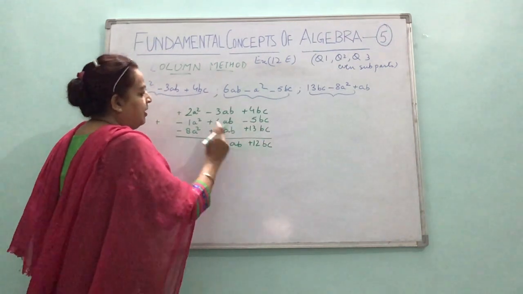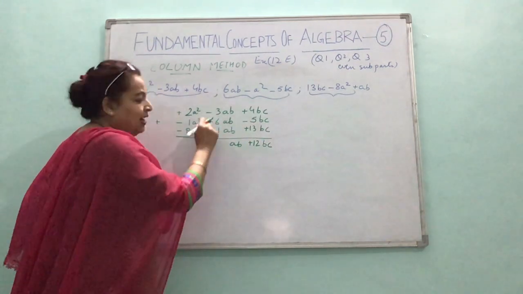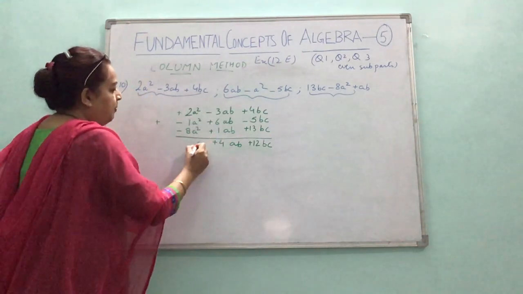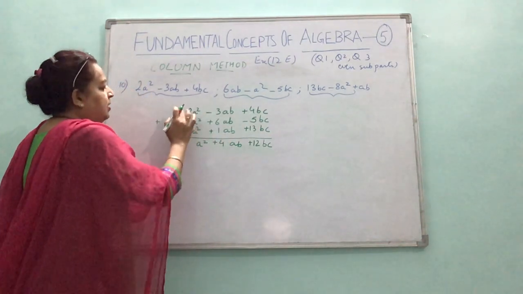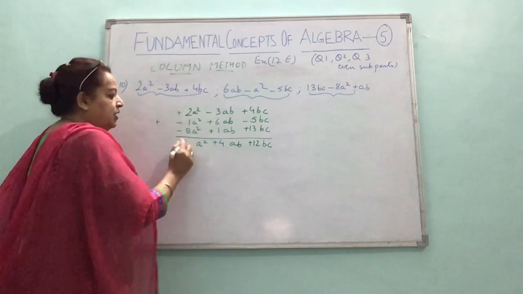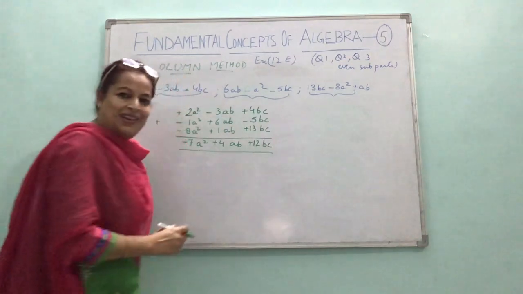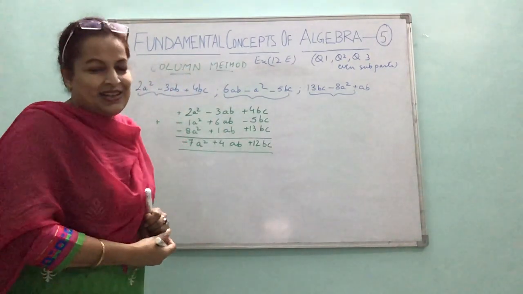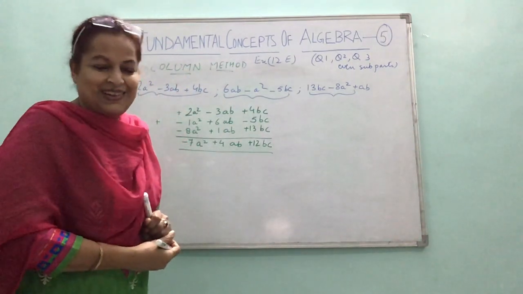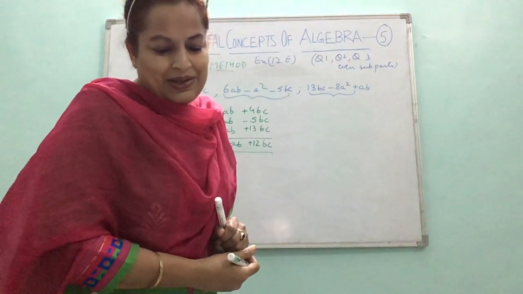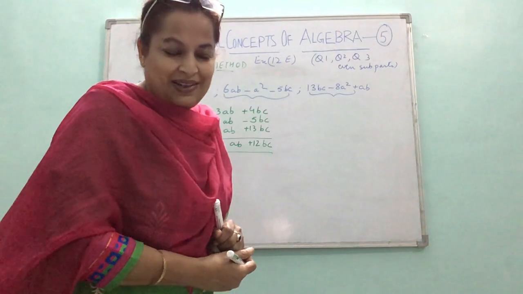The literal part would be the same. 6 plus 1 is 7 and minus 3, so plus 4. The literal part would be the same. Minus 8 and plus 2, so minus 6... minus 7 as the coefficient of a square. This would be your answer. Very easy. This is the column method of addition. I'm sure it would be very easy for you. So let's proceed.